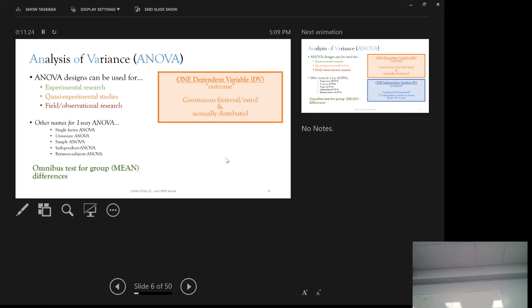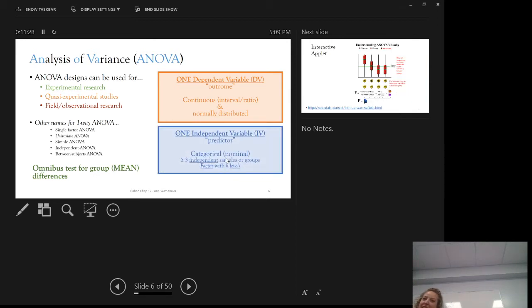And a lot of social science things are not normally distributed. And then we have one grouping variable that can have anywhere from usually 3 or more groups. If you have 10 groups, that gets really, really hard.